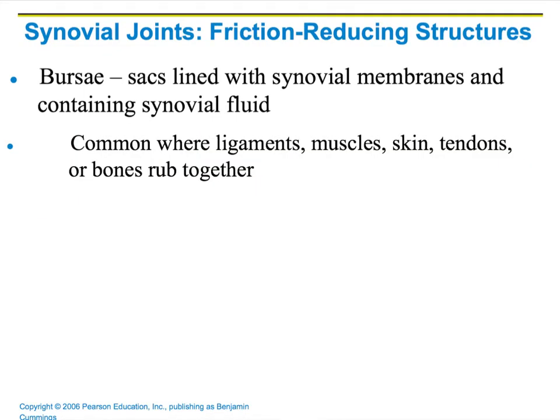Additionally, in complicated joints like the knee or the elbow, you have what I think of as small pillows that you place in between two areas where there's a lot of moving parts. These pillows are called bursae, or bursa, singular.